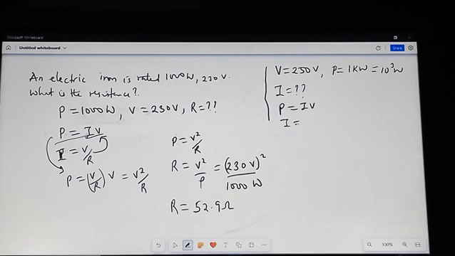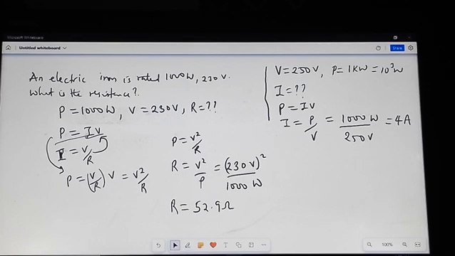I will be equal to what? P over V. P is 1000 watts. V is 250 volts. So that tells us that our current is what? 4 ampere.